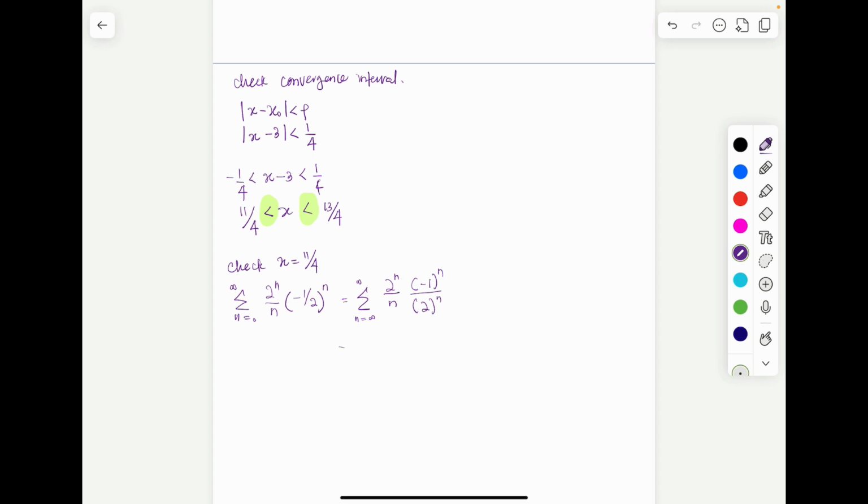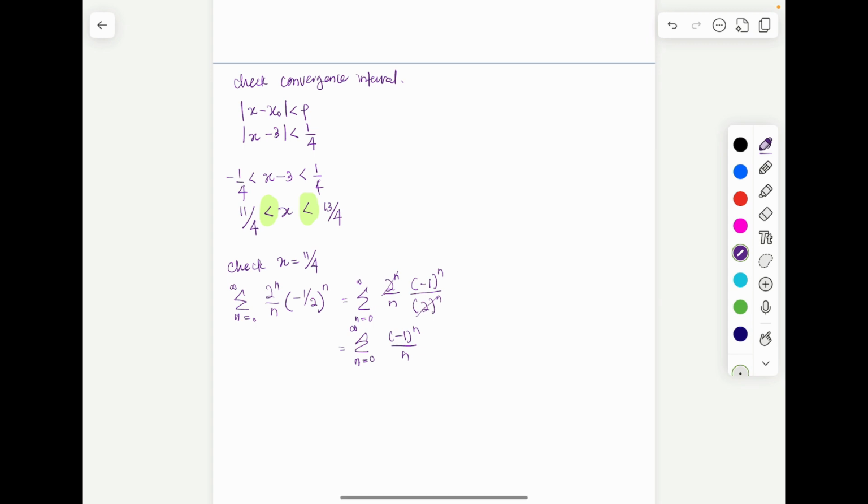Now you can cancel out this 2 to the power of n, and what's left is (−1) to the power of n over n.